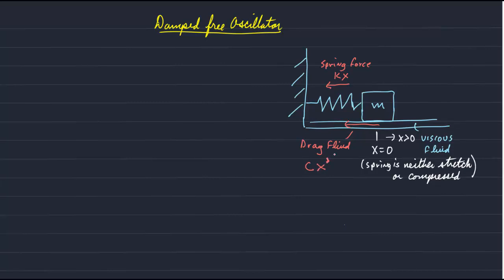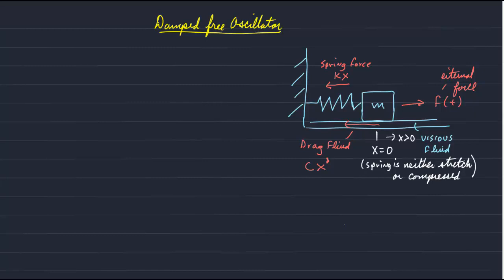So that's x prime. And then in general, we may have an applied force. This is our external force, so this is someone pulling or pushing on the mass.